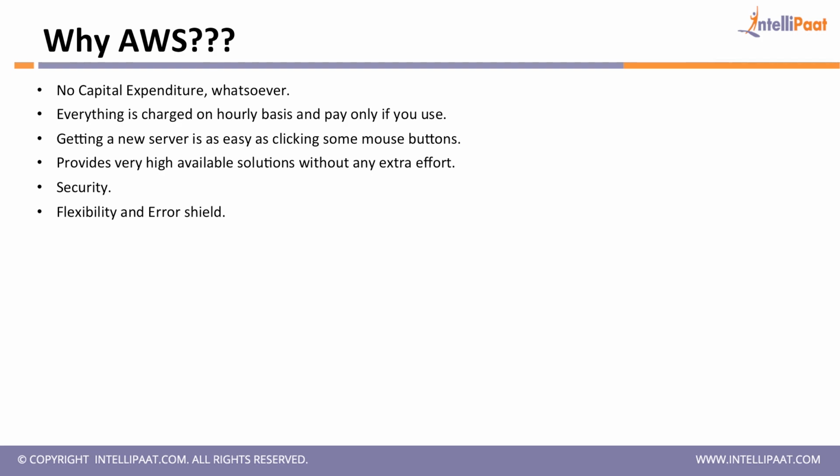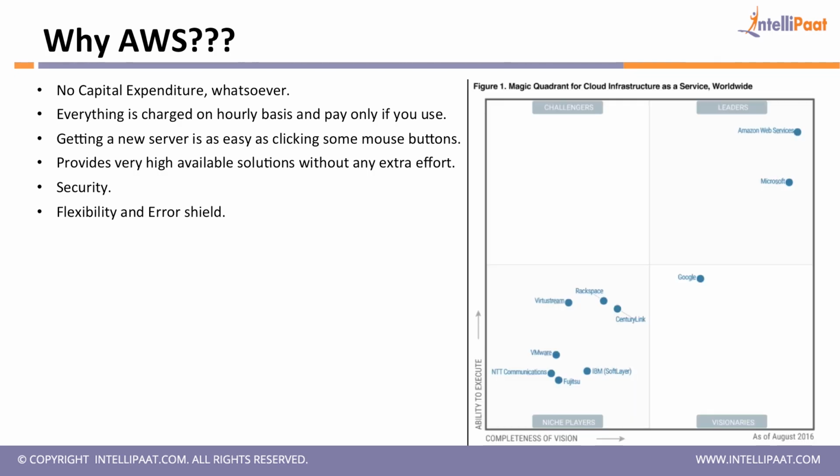You can increase or decrease the capacity after an hour, after a few days, or even after a few months. So it shields you from capacity errors, which are typically made in a corporate data center. That's a huge advantage, and it saves a lot of cost.